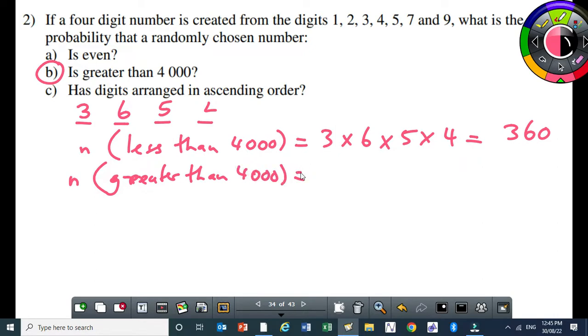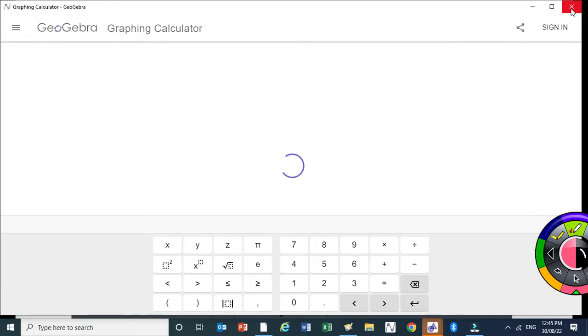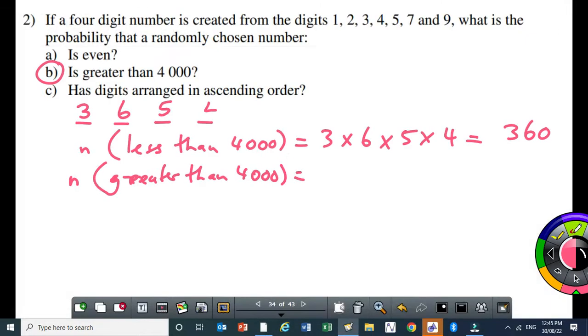Remember, our total in the sample space minus 360.